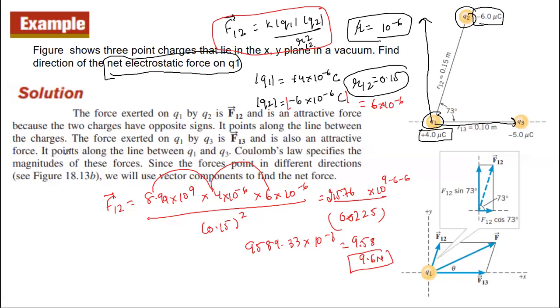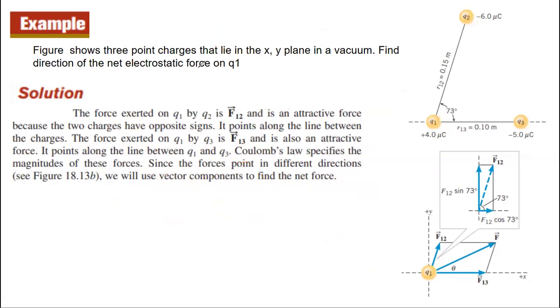I'm going to quickly get rid of all the drawings over here, and I would like to talk about the components over here. So this force, which is F12, right? So F12, this force, it has an x component, and then it will have some y component, because your force is like this, the force vector is like this.